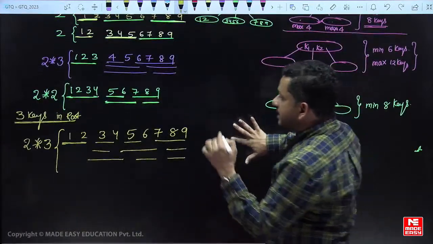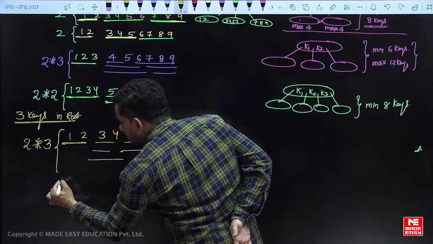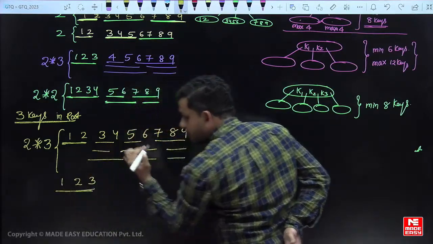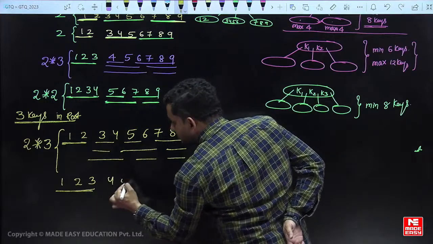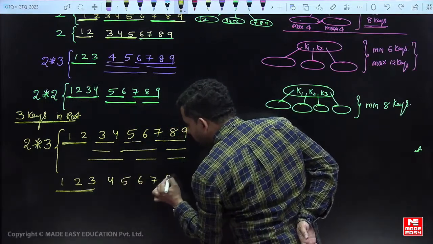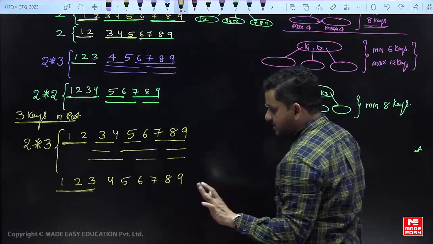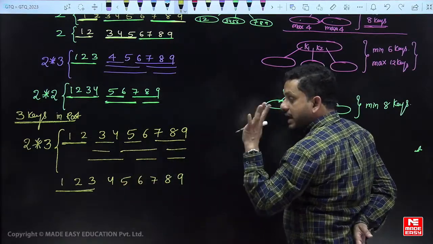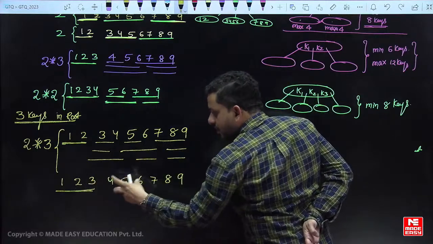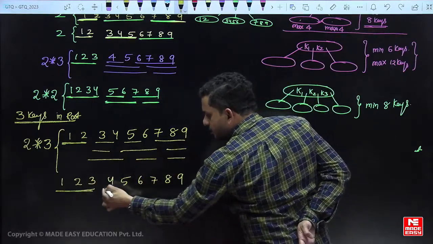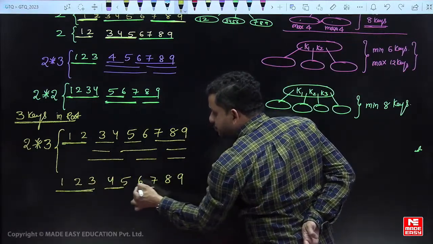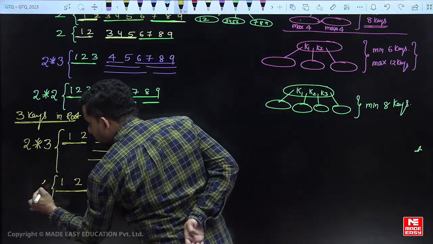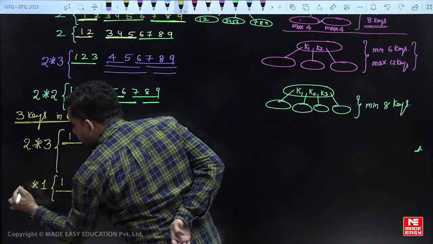The other possibility: if the first node takes 1 2 3, the remaining keys 4 5 6 7 8 9 have to be distributed into 3 nodes, because in total I need 4 leaf nodes. So only one possibility, because at least 2 keys are required in each, and that gives 2 trees, left biasing and right biasing.